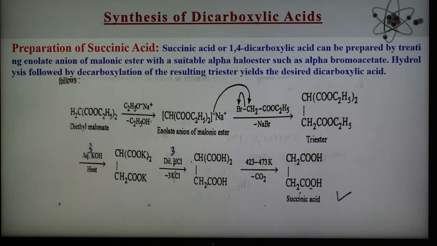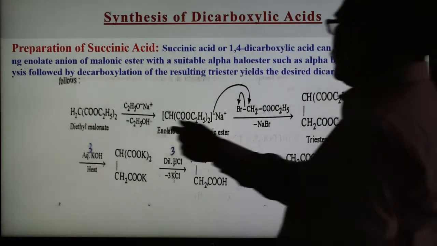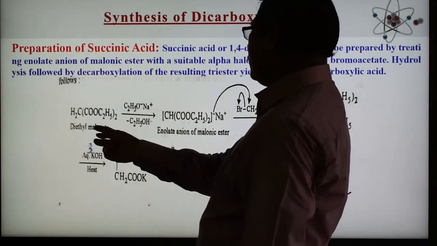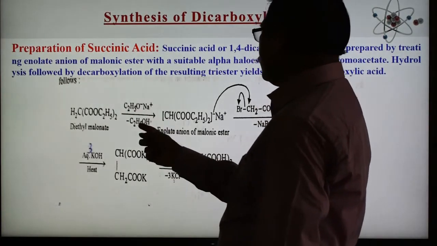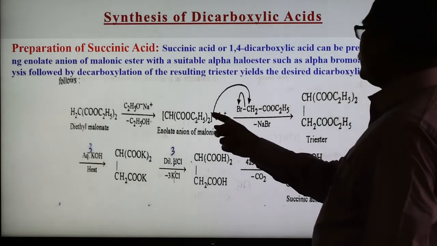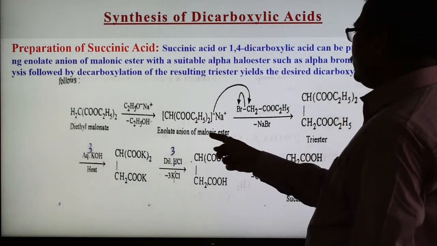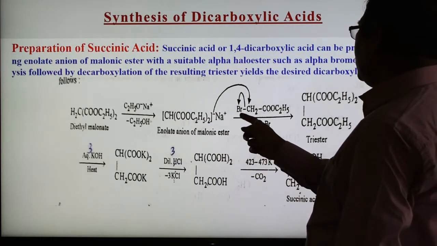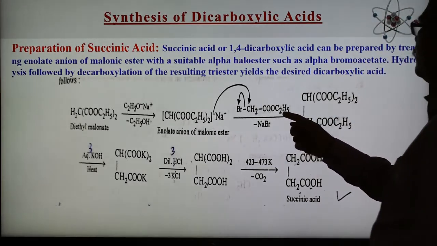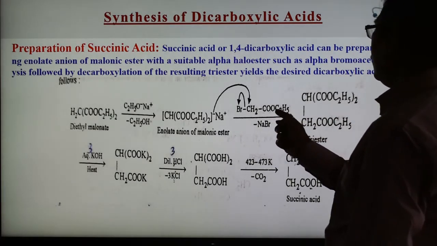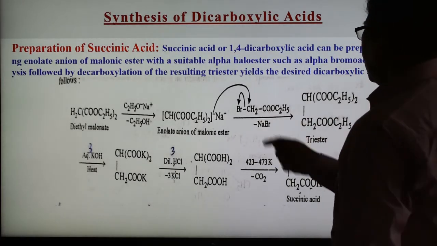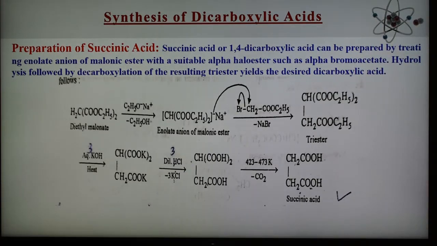And here the example is given: synthesis of succinic acid. So this is the formula here. This is the diethyl malonate or malonic ester reacting with sodium ethoxide, C2H5OH is replaced, and we get the negatively charged enolate anion of malonic ester, and it reacts with this compound, which is a bromide compound.